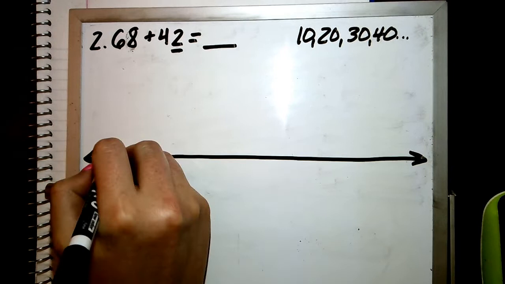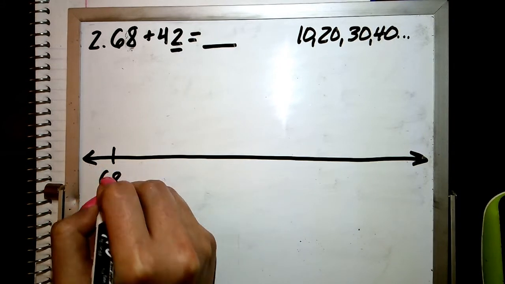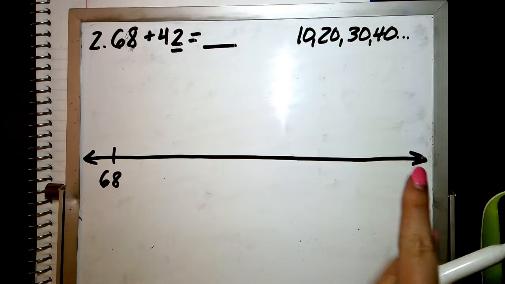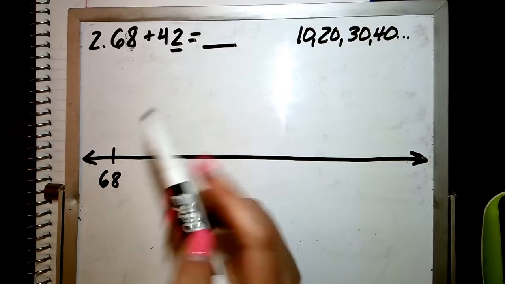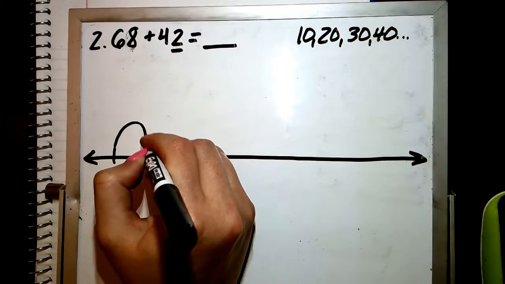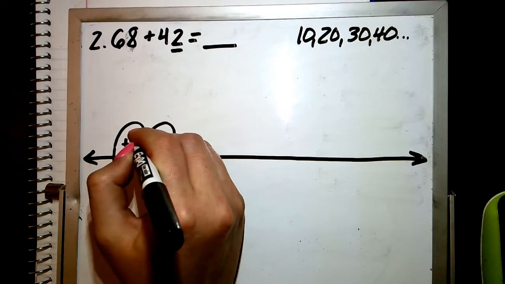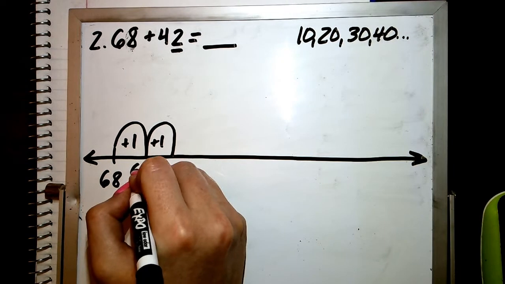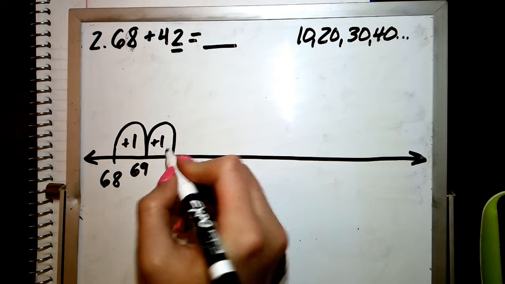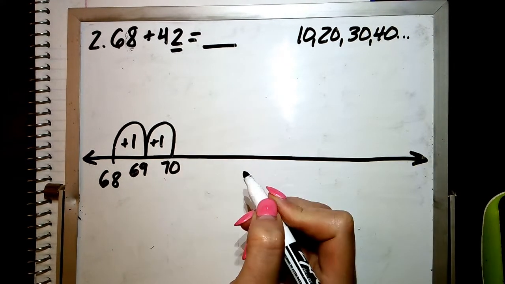Starting at 68, again, make sure you're way down here so that you have plenty of room forward down your number line. So let's share those 2 ones with 68. 1, 2, plus 1, plus 1. So 68 plus 1 is 69, plus 1 is 70.